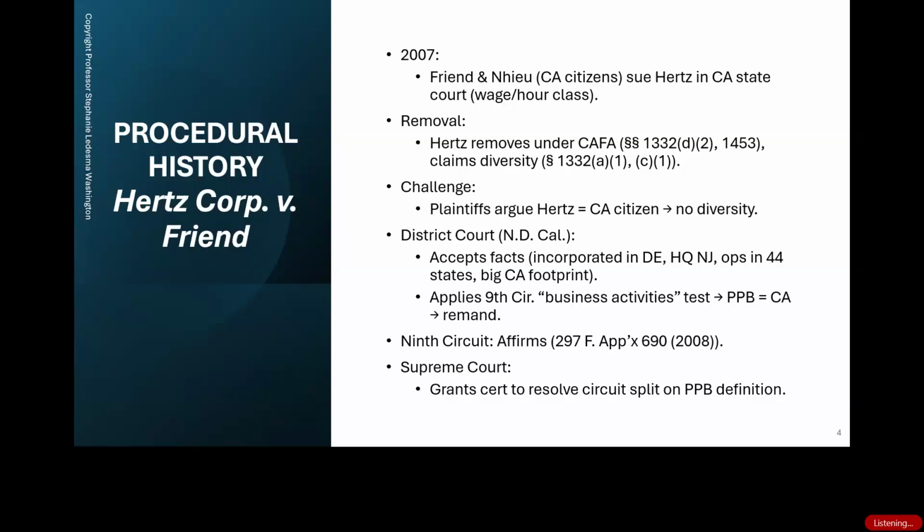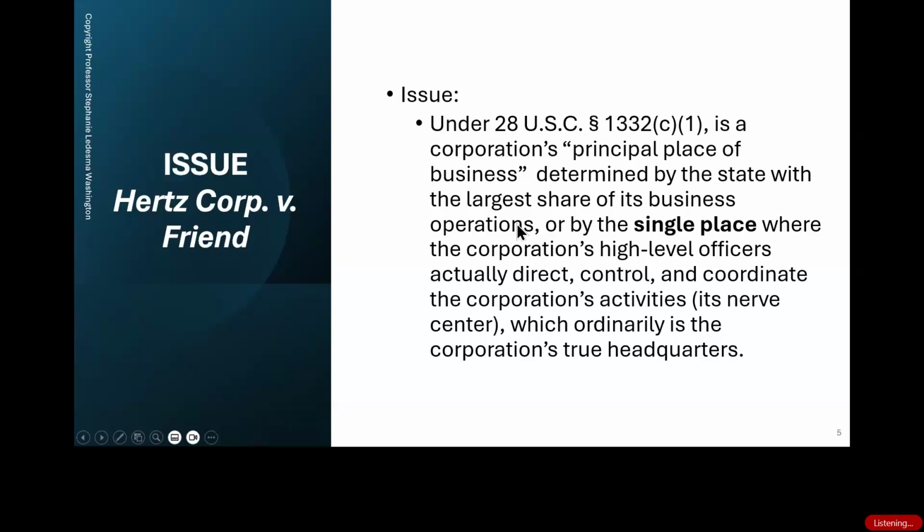And so the Supreme Court is the perfect forum to get some simplicity and some consistency about how the term principal place of business is going to be defined when it comes to diversity jurisdiction, citizenship of corporations. That was a really pretty exciting procedural history. With that being said, let's go ahead and take a look at the issue.